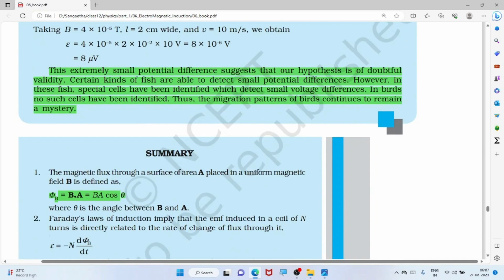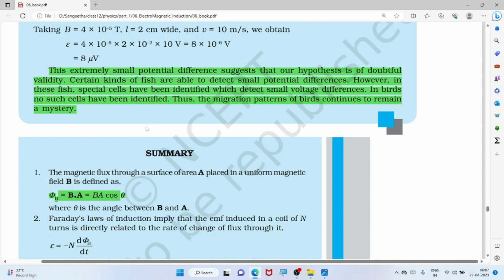This suggests that your hypothesis is of doubtful validity. Certain kinds of fish are able to detect small potential differences.